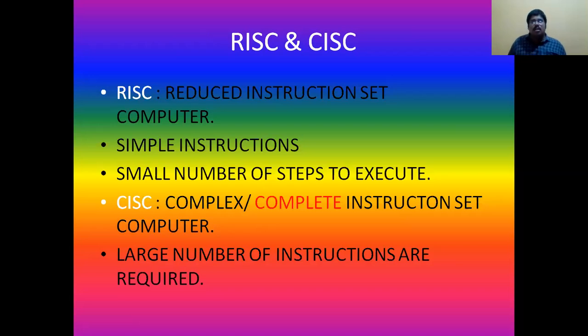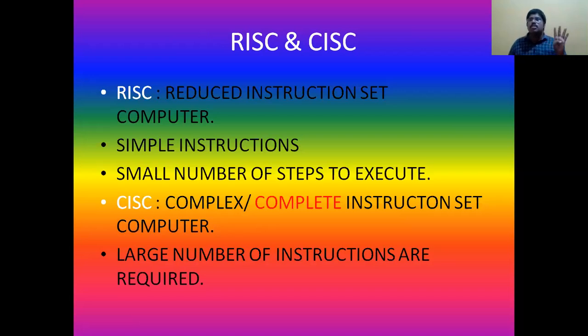And one more thing is the instructions are not of equal size. That means one instruction may take a single clock cycle for execution, and another instruction may take 2 to 3 clock cycles. The first instruction may have only fetching and execution. The second may have fetching, decoding, and execution stages. The third may have fetching, decoding, reading, and execution.